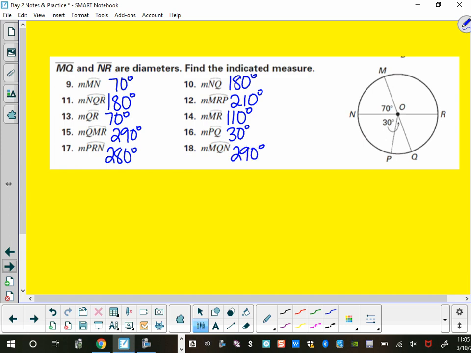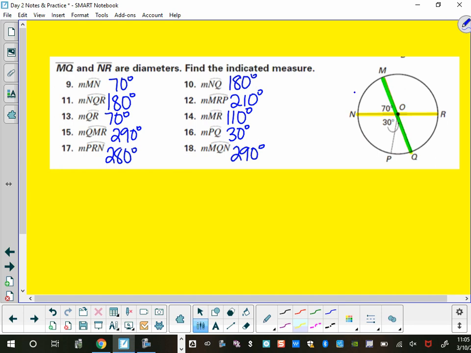But to fill out your circle, if this is my diameter, it said MQ and NR are diameters. So if we look at the first diameter here, look at the green diameter to the left.